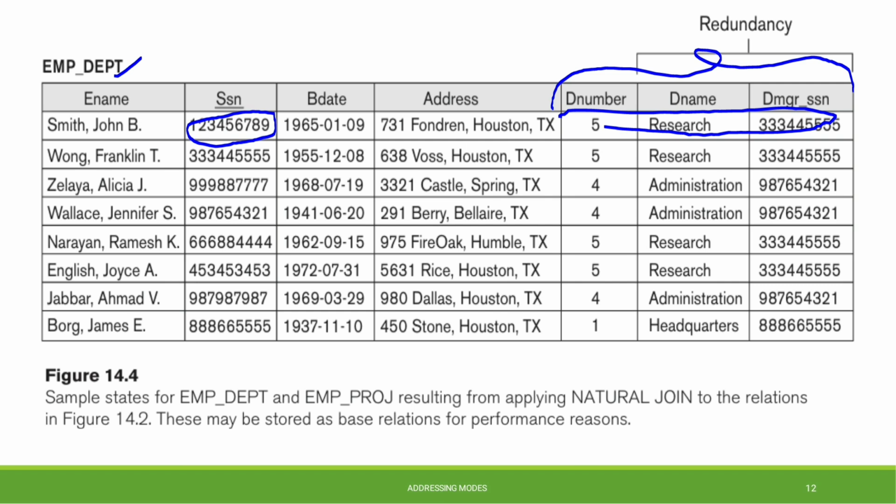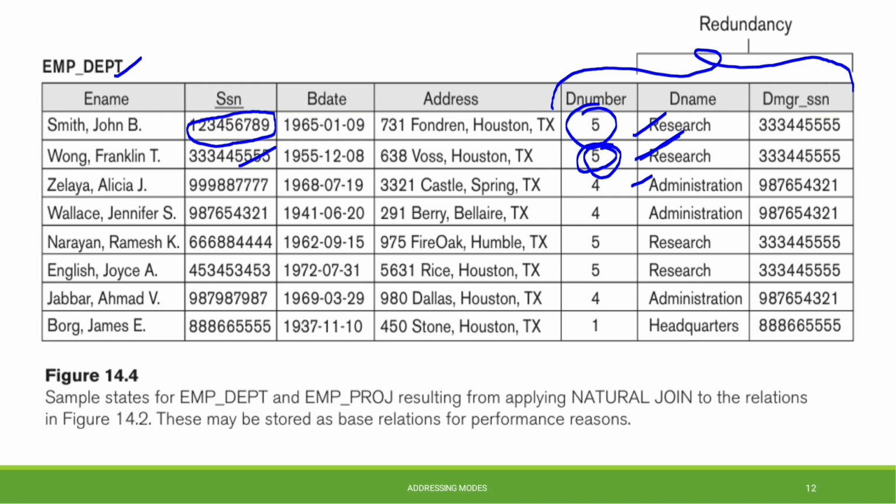And when employee information is stored, suppose he belongs to department number 5, in so many employees' details this department information has to be stored correctly. Otherwise it leads to inconsistent data. In one row, whatever department name and details we store, for the same department number in other rows also the same information has to be stored correctly. Otherwise it leads to inconsistent data.